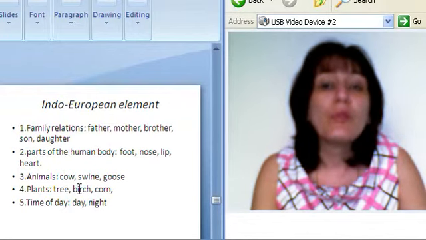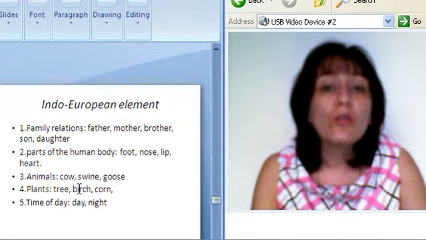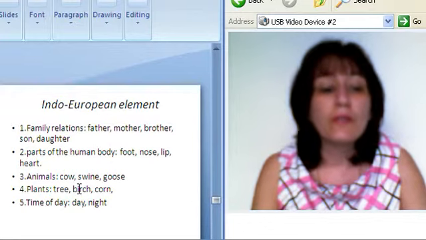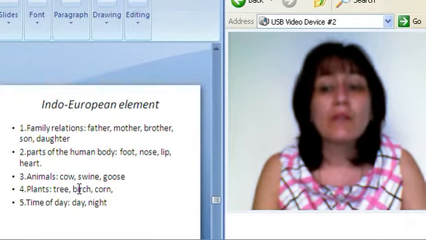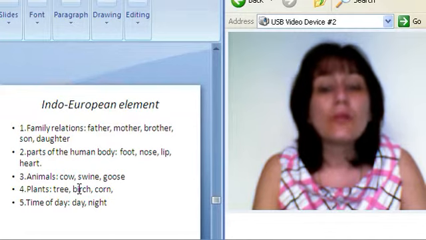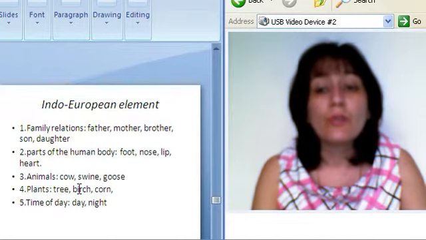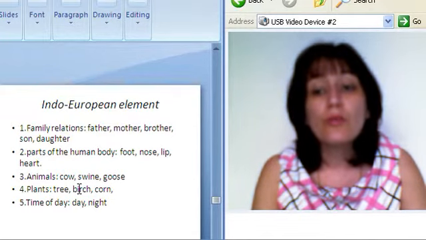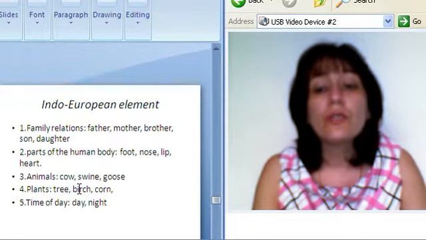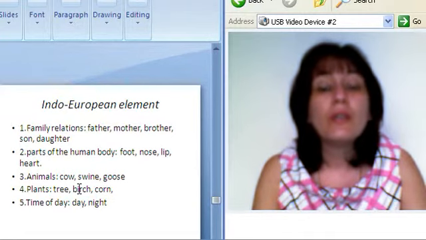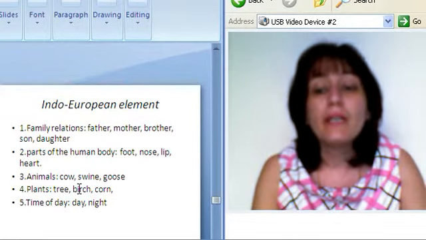The following groups can be identified: family relations: father, mother, brother, son, daughter; parts of the human body: foot, nose, lip, heart; animals: cow, swine, goose; plants: tree, birch, corn; time of day: day, night; heavenly bodies: sun, moon, star.